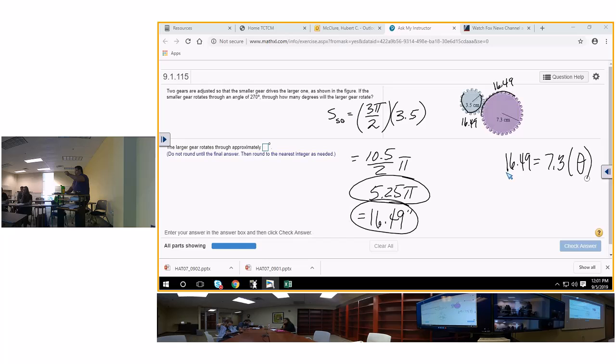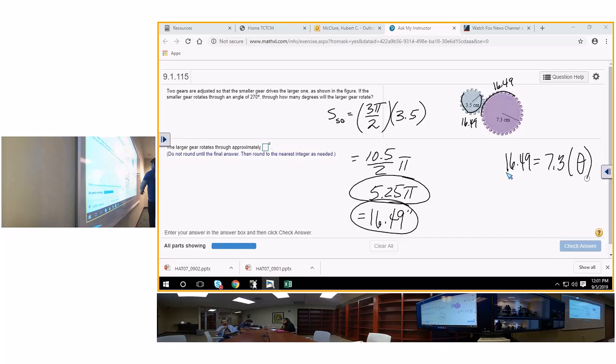The purple gear. The difference is that the purple gear is a bigger gear, so that torque is going to change. That work is going to change, not the distance traveled. That's what happens on these questions. People try to start their civil engineering degree in their algebra class.